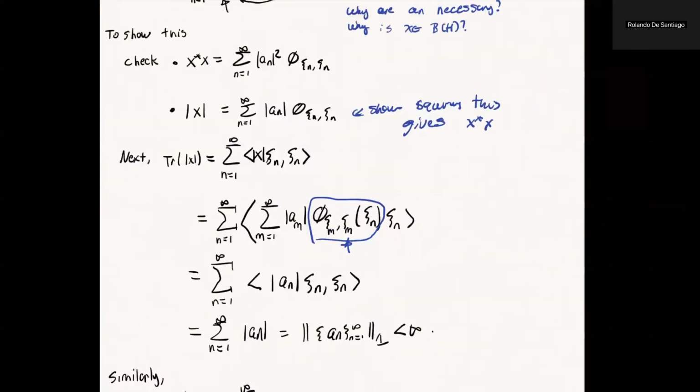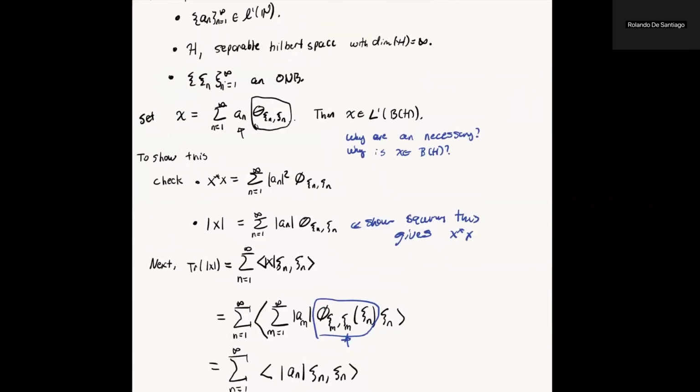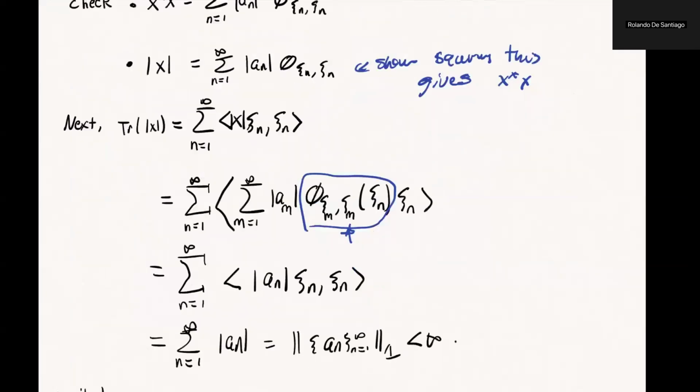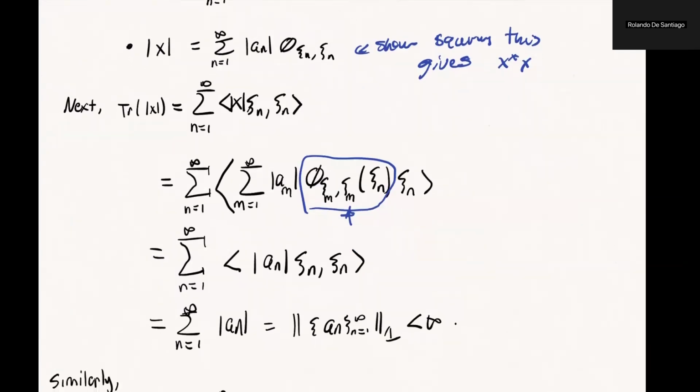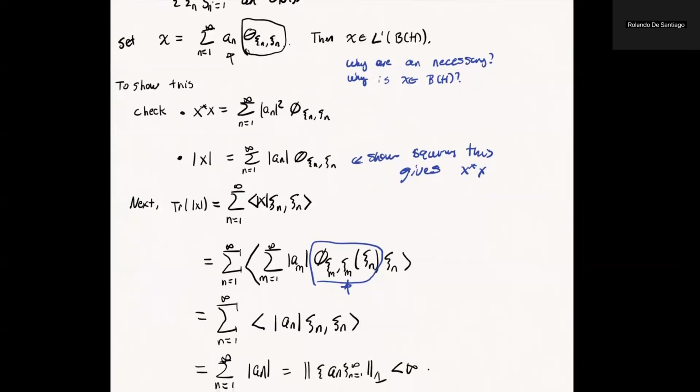Now, if we go back to the very beginning, we said that this was a sequence that was in L1, which justifies this conclusion that, hey, whatever this calculation results in, it's going to be finite. So, as a conclusion, I've justified the first thing. This is a trace class operator.